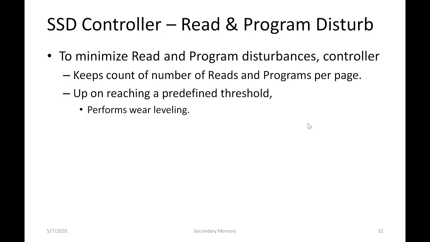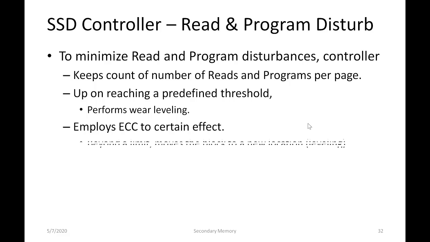What it means is this particular page can be moved to some other page physically, so that the disturbance that has happened so far in the adjacent cells can be minimized. Also, the controller can employ ECC to correct a few bit errors because of the disturbances. But beyond a limit, again, we still need to go back to the wear leveling method.